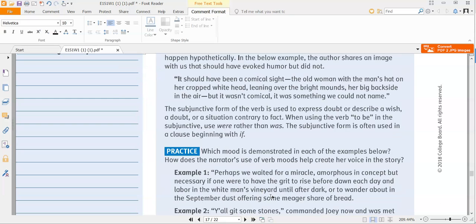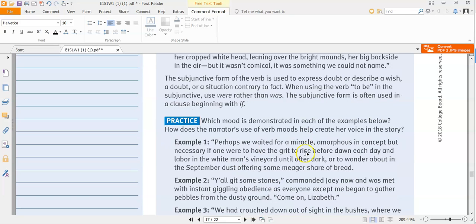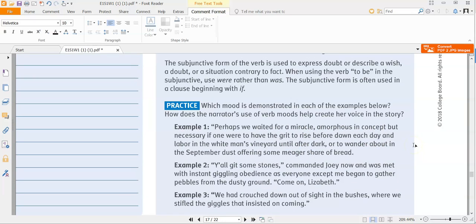So for our practice, it wants us to describe which mood is used in the examples below, and how does the verb mood help her create her voice in the story. So for the first example, it says, perhaps we waited for a miracle, amorphous in concept but necessary if we were to have the grit to rise before dawn each day and labor in the white man's vineyard until after dark, or to wander about in the September dust offering some meager share of bread.